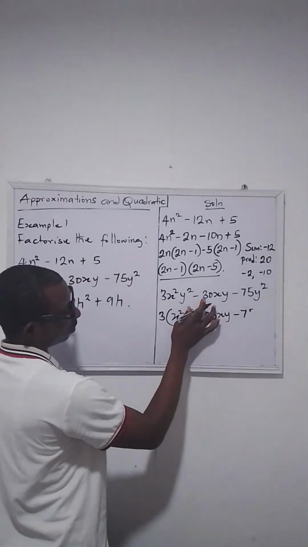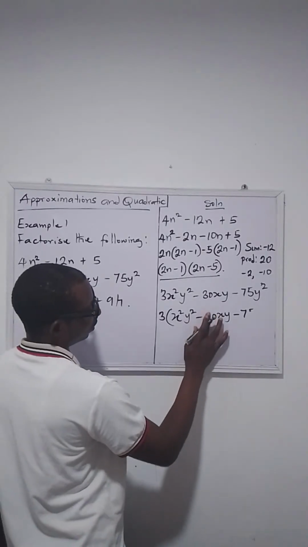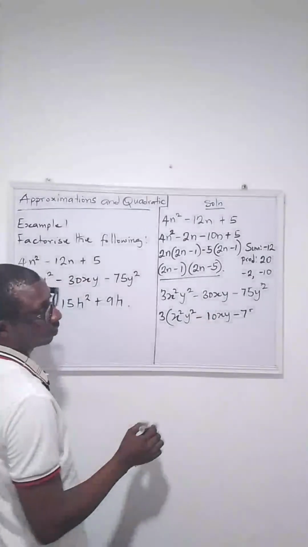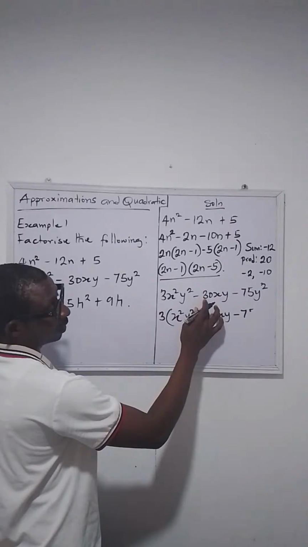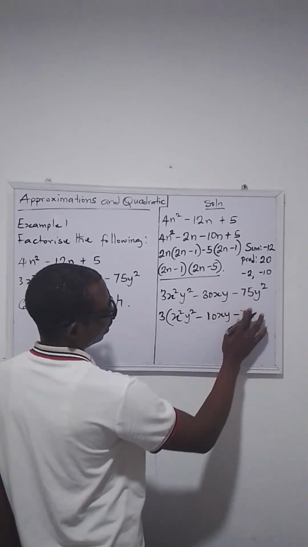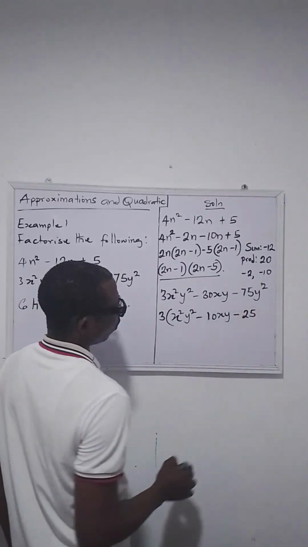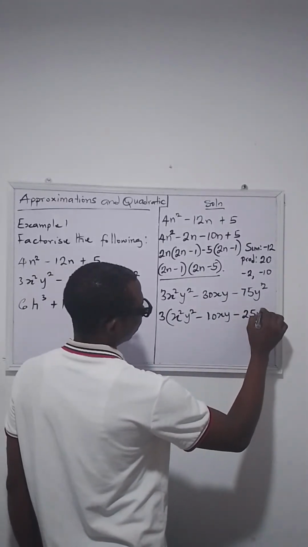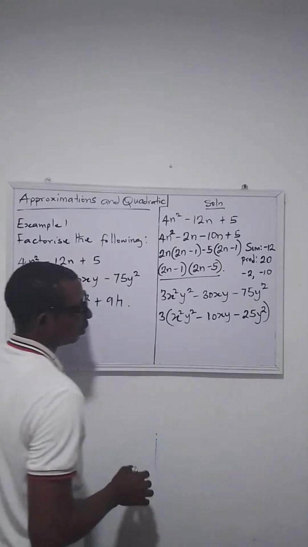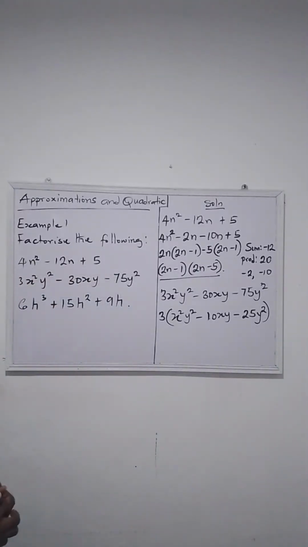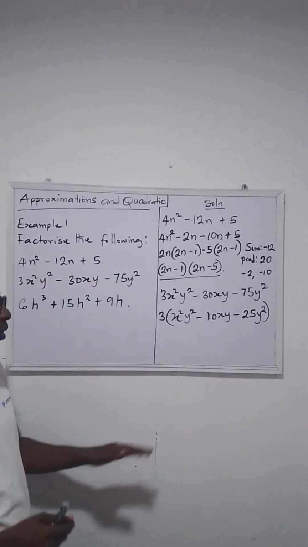So when you factor out 3 here, this one will be 10. Don't forget you divide this one by 3. You divide this by 3, that gives you 25. So we have y squared. Can you see that? All right, so we can do that.